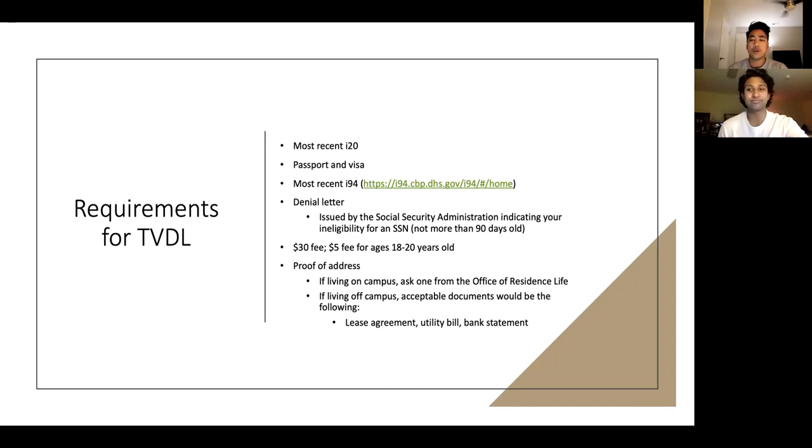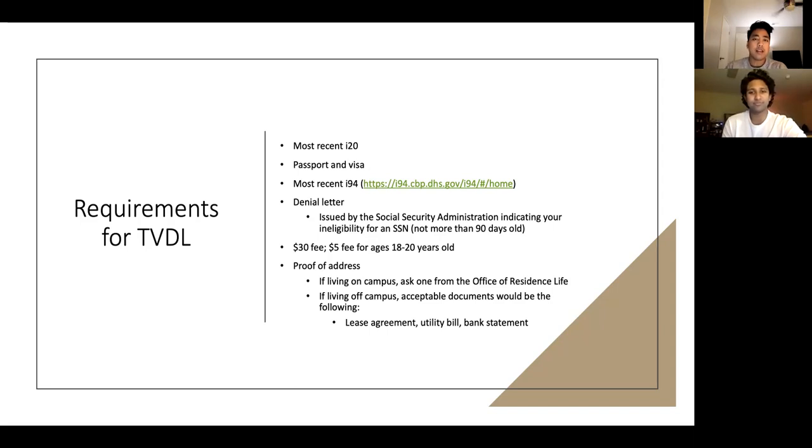Or you can just do a quick Google search, just type in most recent I-94, and you should be able to find the .gov website. And then you need the denial letter. So basically, this is issued by the Social Security Administration that basically indicates that you are not eligible to have a Social Security number.